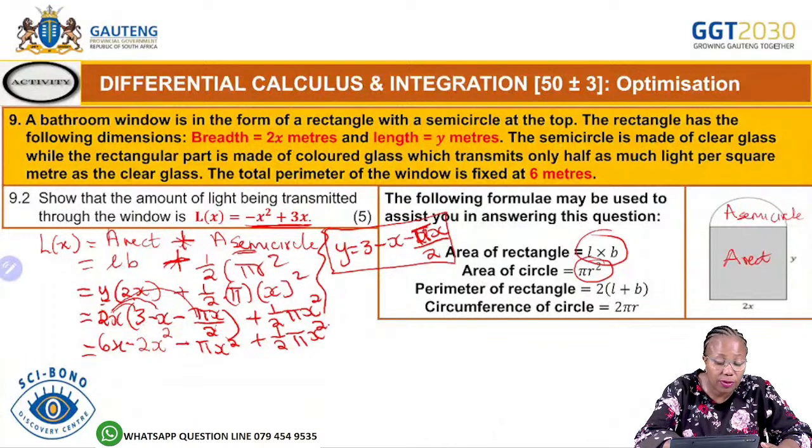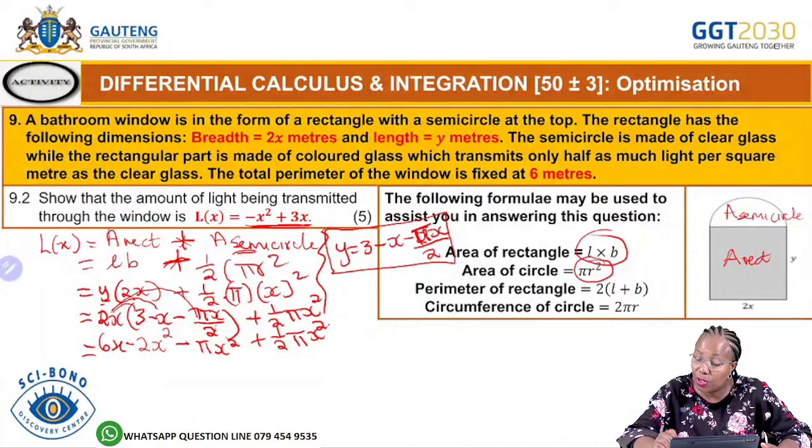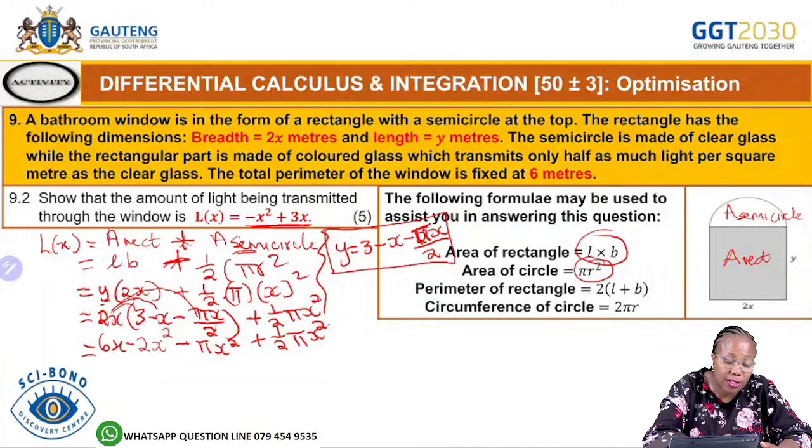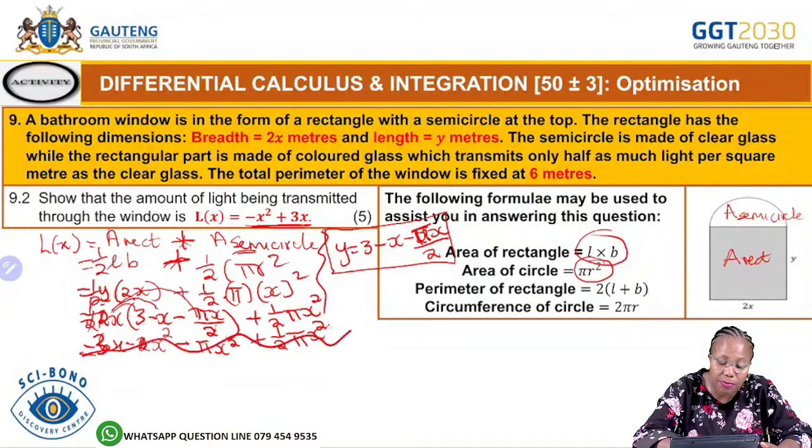Grade 12, remember the area of a rectangle. Now we are talking about the area of a rectangle, and then that is half of that, so it's half of this. And then here we'll be having a 3x, and then we are having an x squared. Let's repeat this step.